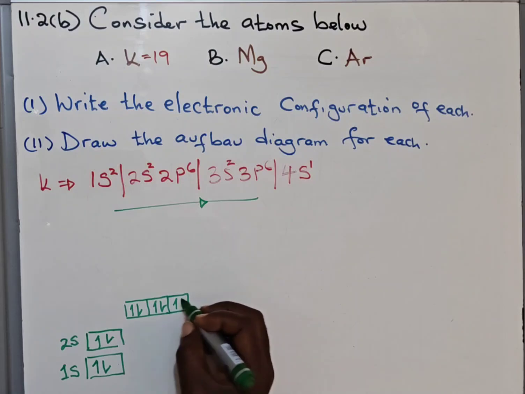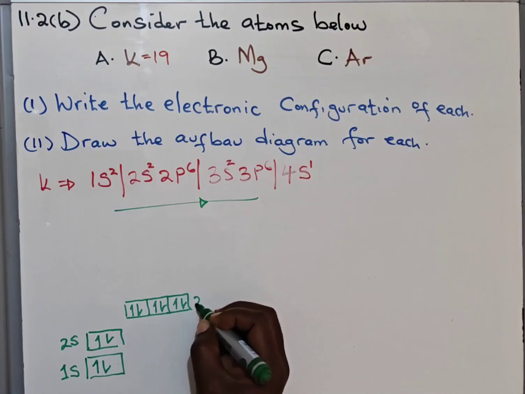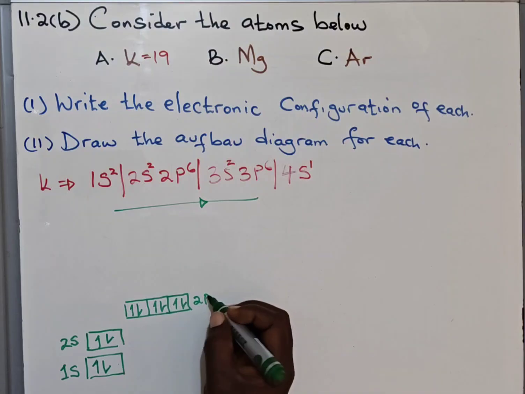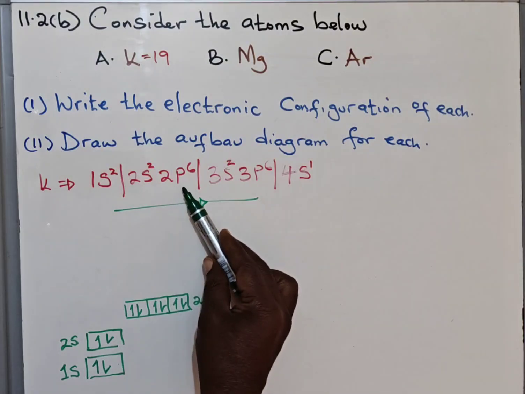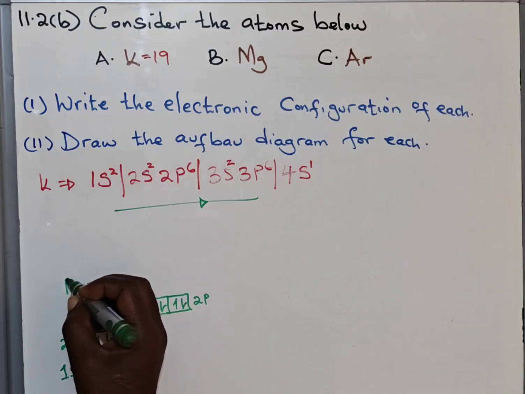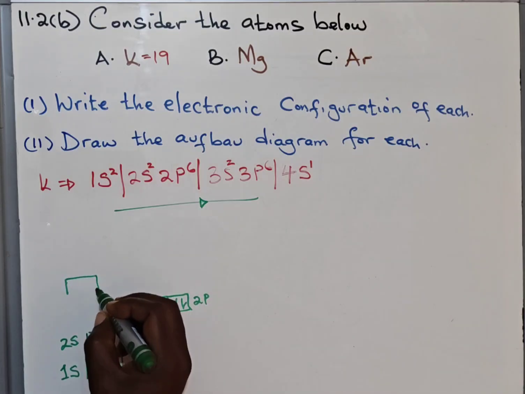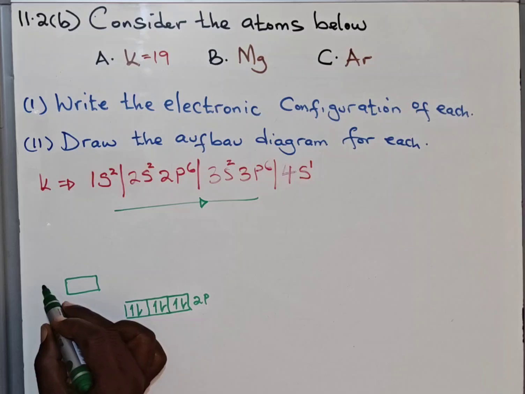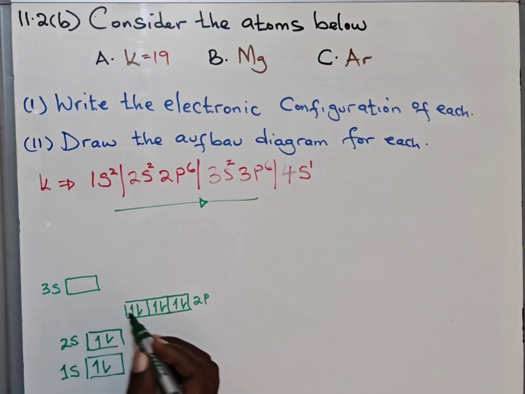So what you have here is 2p. Then from 2p we go to the third level, 3s first.